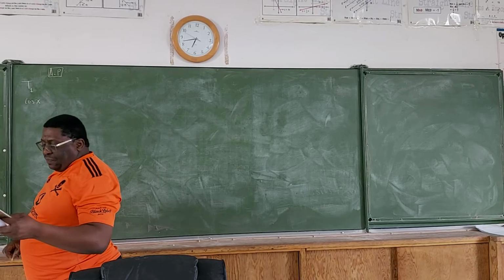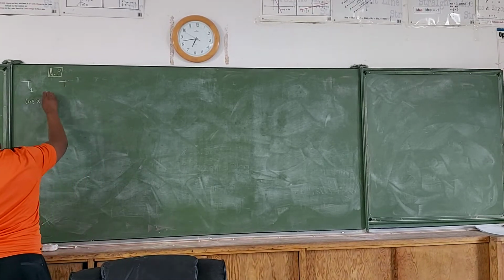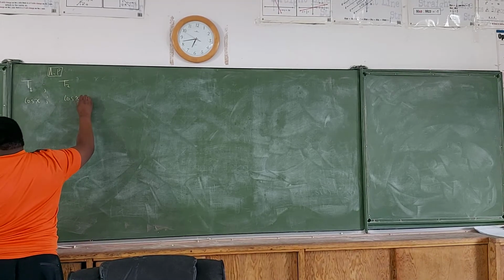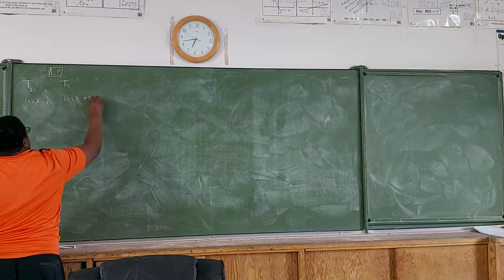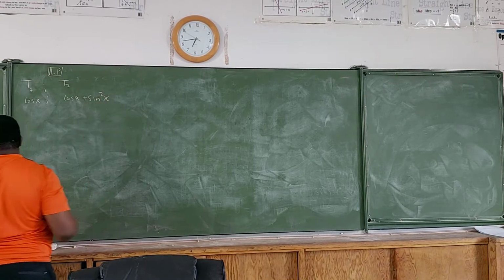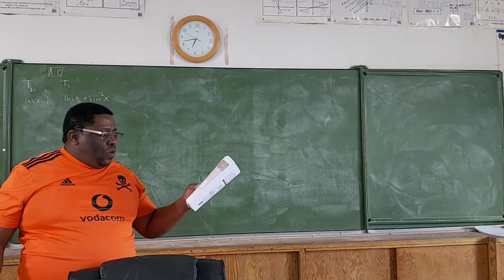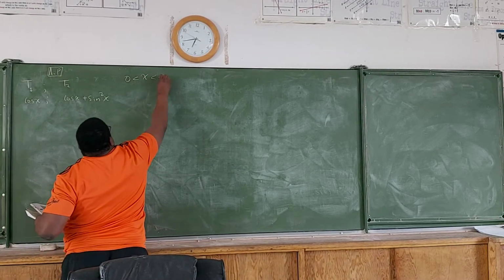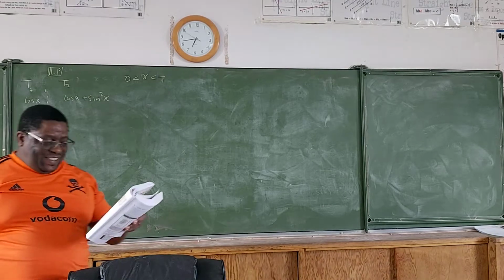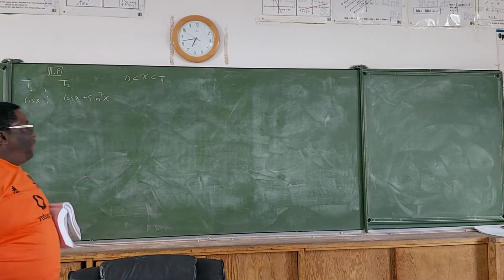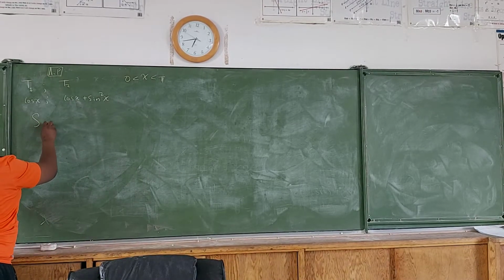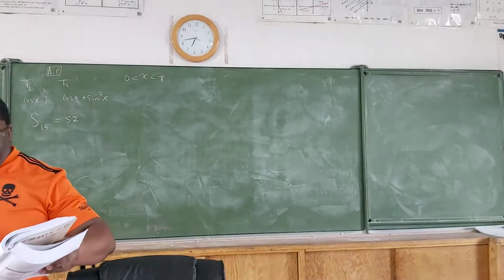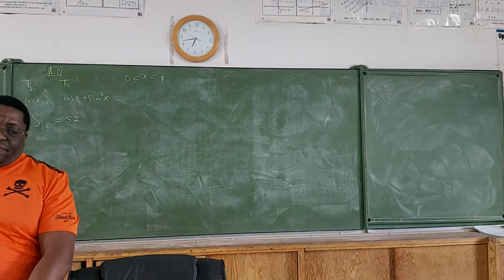The second term, term 2, is cos x plus sin square x, where x is between 0 and pi radians. The sum of the first 13 terms is 52. Find the possible values of x.